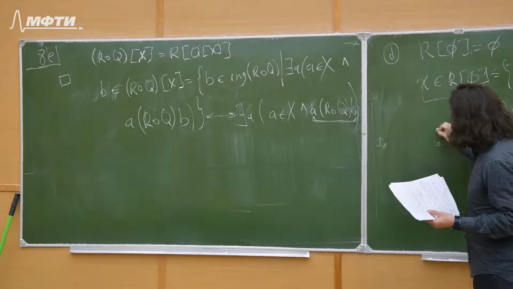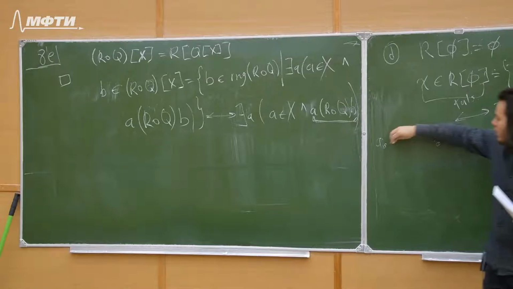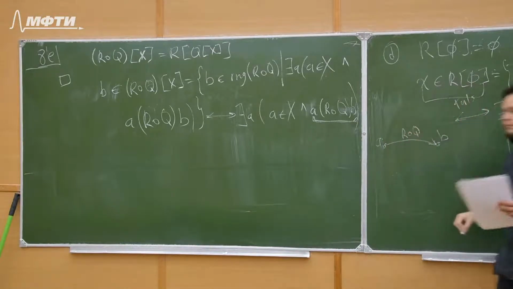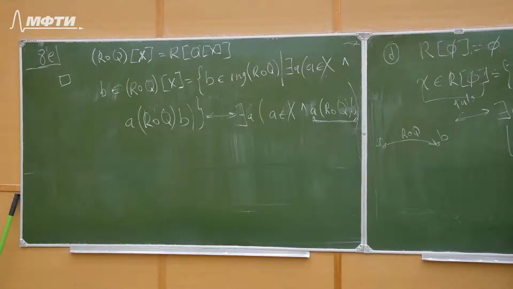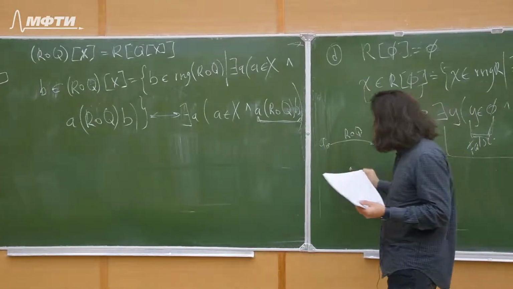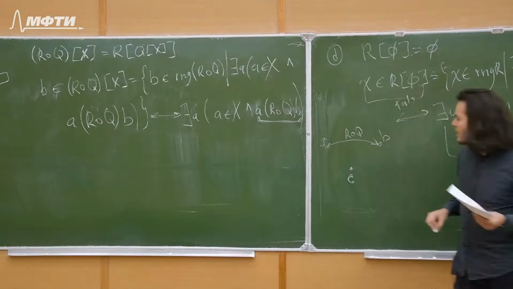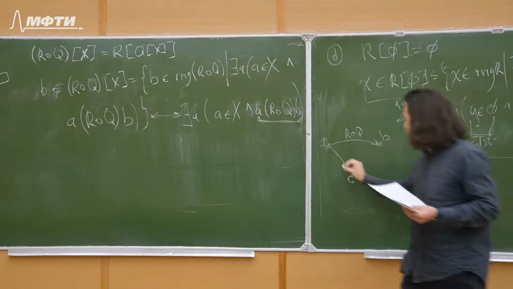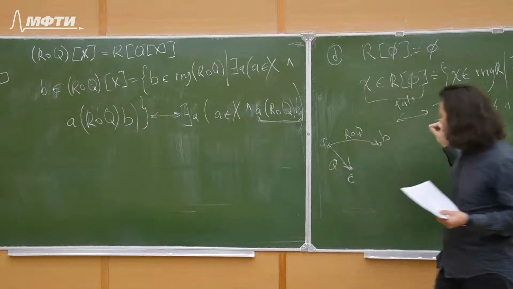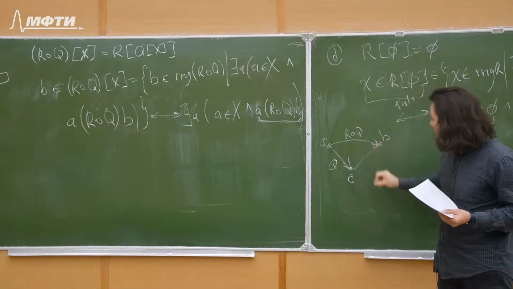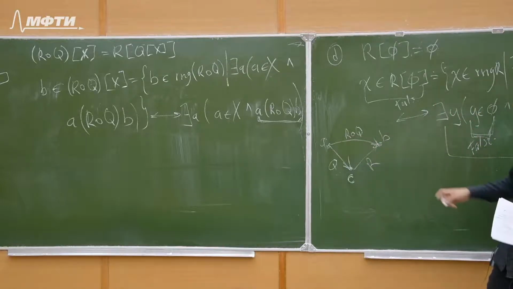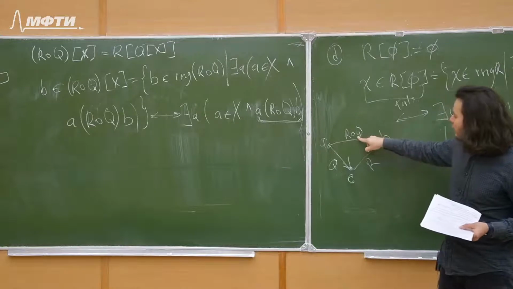This is true if there exists some C such that A Q C and C R B. Do not forget that the order is important here.